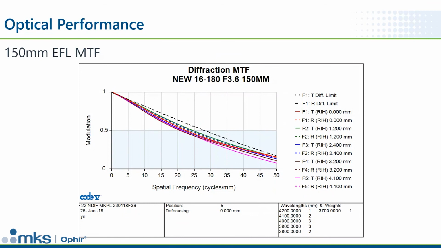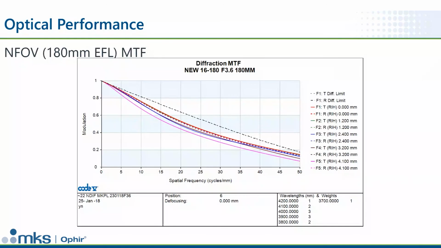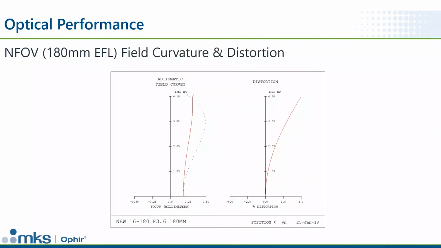Again, you see the MTF is close to the diffraction limit. This is the distortion at 150. This is the MTF at the narrow field of view, which is 180 millimeter focal length. You see that the optical performance is close to the diffraction limit in the entire image frame and zoom range. And this is the distortion at 180 millimeter.